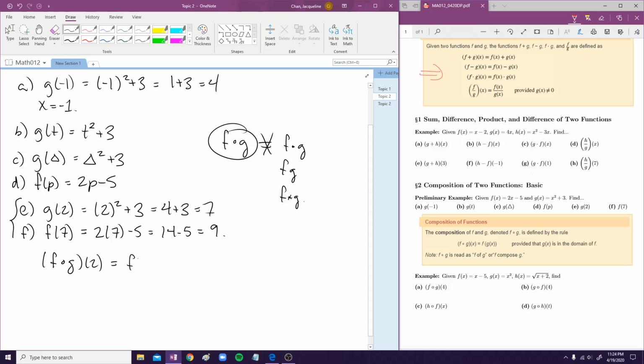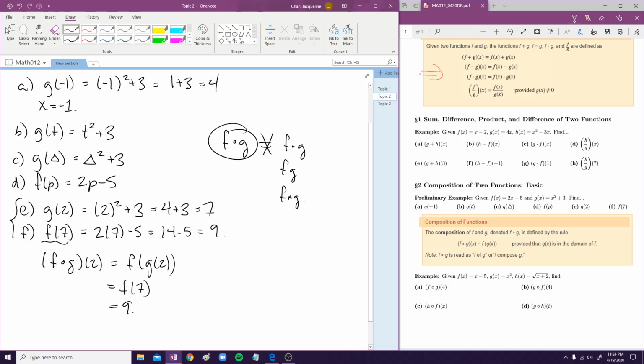By our definition, this becomes f of g of 2. We found g of 2, which was 7, so this became f of 7. As you can see, in the example we got 9.